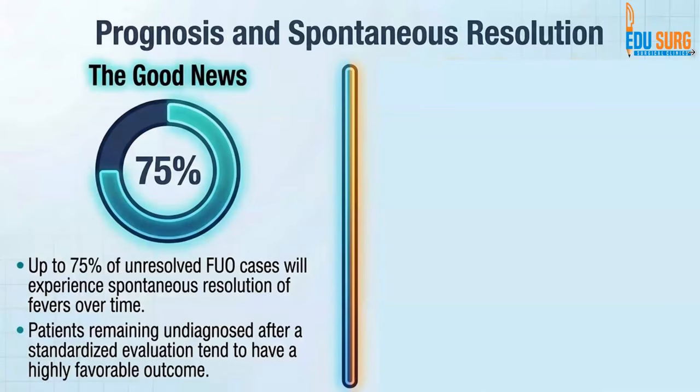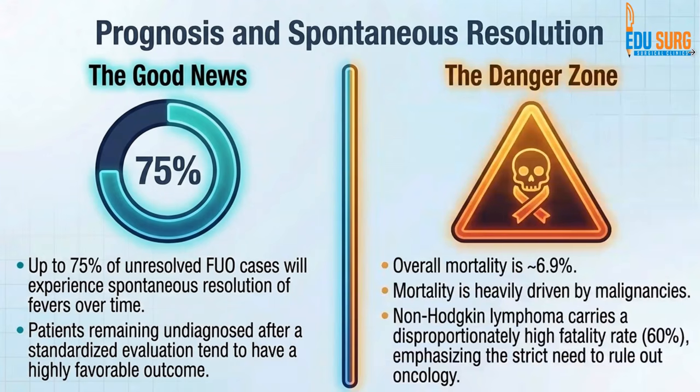The good news here is that if you have all the tests negative, including a PET scan, 75% of these patients experience spontaneous resolution of fever over time. So, patients who remain undiagnosed after a standardized evaluation tend to have a highly favorable outcome, especially when the PET scan is negative. However, in the danger zone, the problem, especially that we have seen, is non-Hodgkin's lymphoma, and especially in cases with malignancies, the mortality is nearly 6 to 7%.